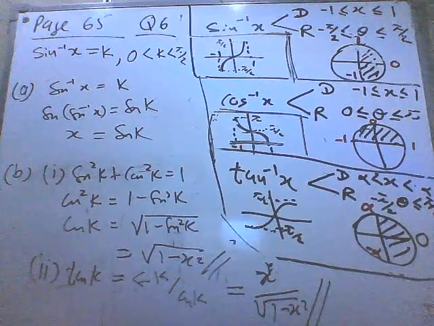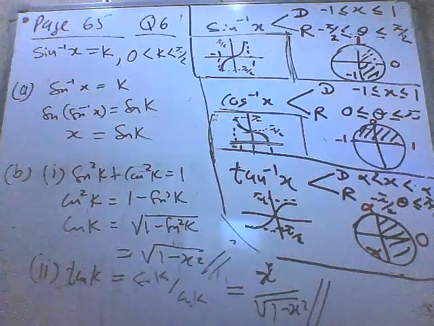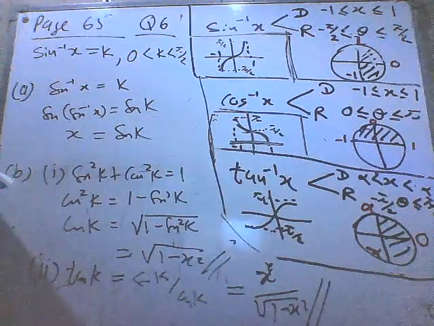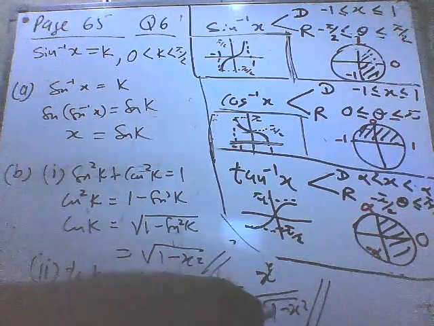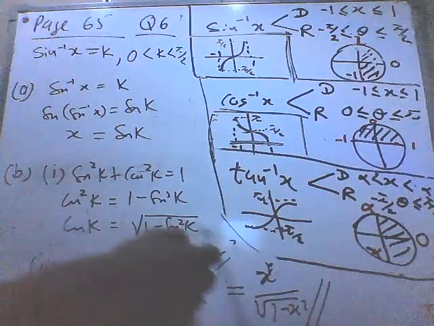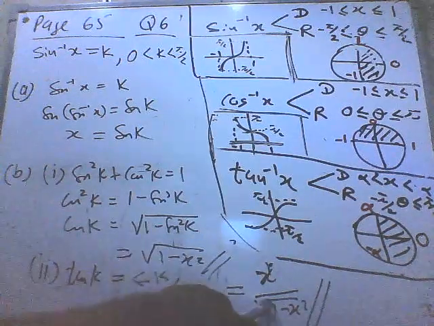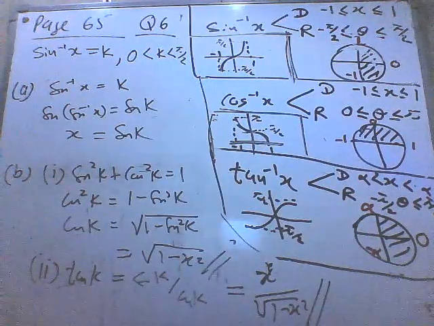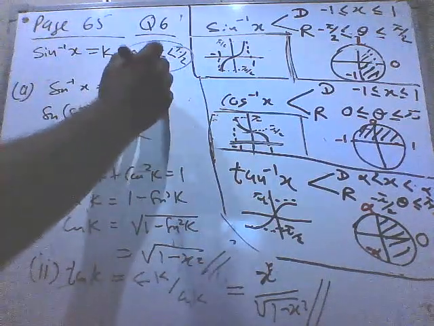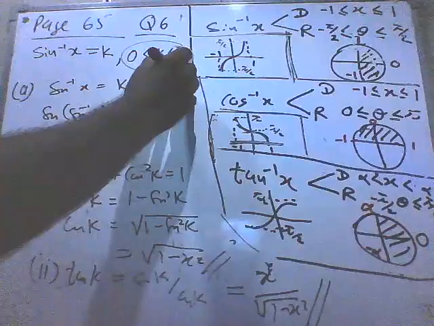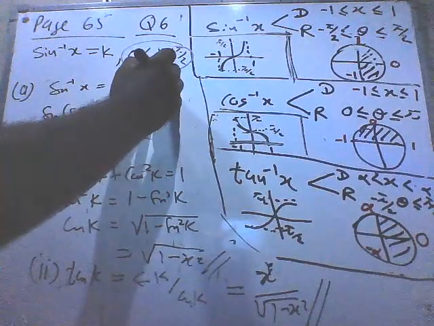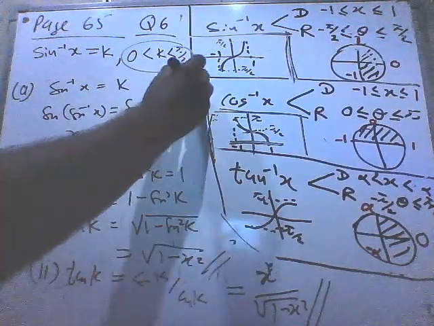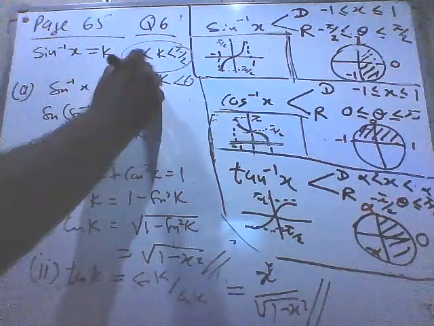And then part C, it's asking how will these answers be changed if k is less than 0 and greater than minus pi over 2.